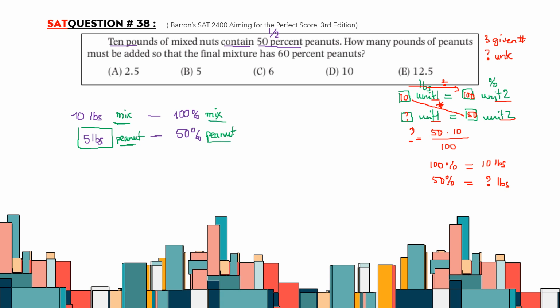This is not the unit, this is just information. The units are percentage, pounds, kilograms, meters, hours, seconds. Mix and nuts are just a kind of substance type. So after we find this, we cancel the 2 zeros, so 5 times 1 divided by 1 is 5.